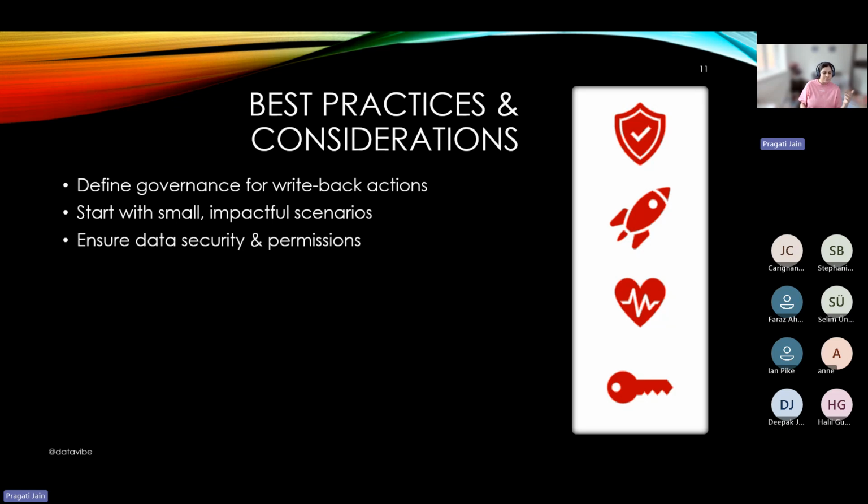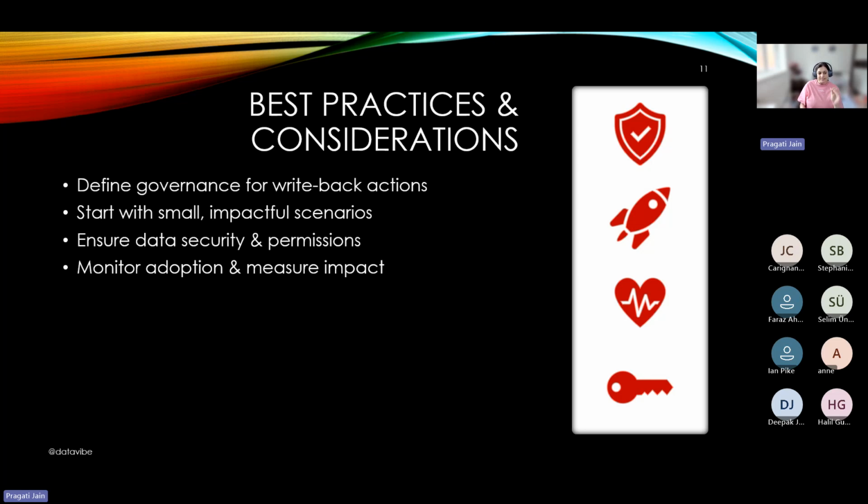Then, the same thing we talked about on the previous slide, we should ensure that data security and permissions are in the right place. This is feeding data directly to your database in your OneLake, so make sure everything is in the right place and not everyone is mingling with or messing with that data. Then we should be monitoring what we are doing and measuring the impact.